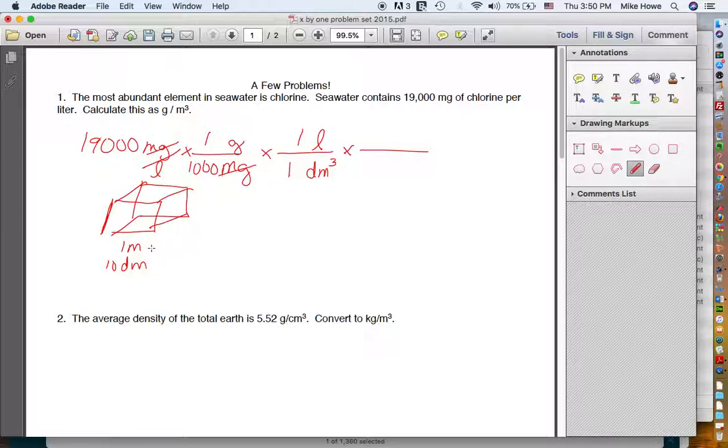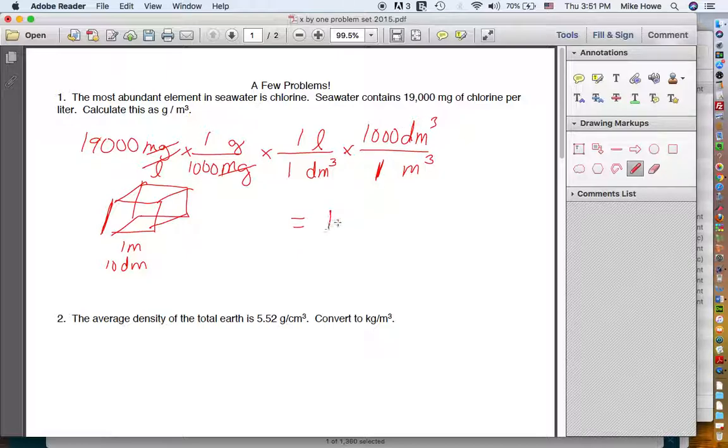So if it's a cubic meter, we know we're going to need cubic decimeters here and cubic meters on the bottom. So if we're talking about 1 cubic meter, then there are really going to be 1,000 cubic decimeters, because there are 10 decimeters in a meter, but it's 10 times 10 times 10, length times width times height. So it turns out in this problem, it's kind of weird, the thousands cancel.